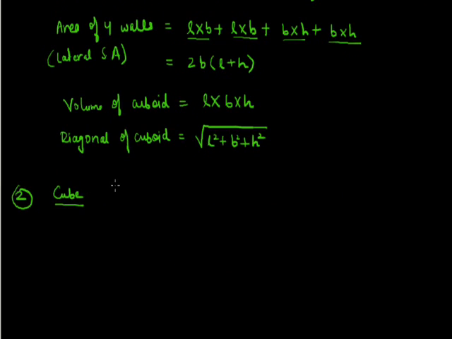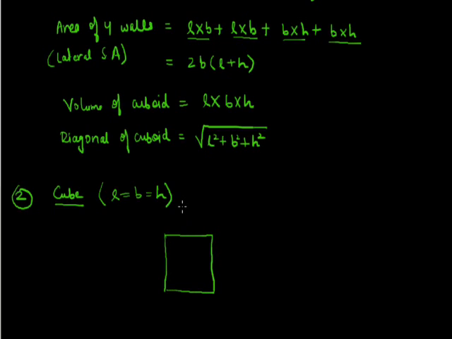As you know, a cube is again a cuboid which has length equal to breadth equal to height. So if all three dimensions of a cuboid are equal, then that cuboid is known as the cube. Like you have seen the dice sometimes.